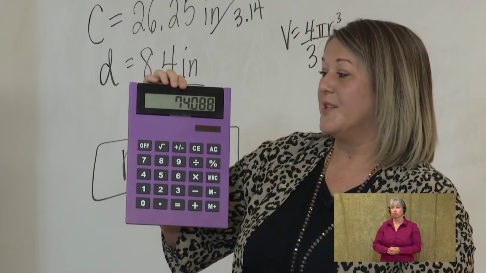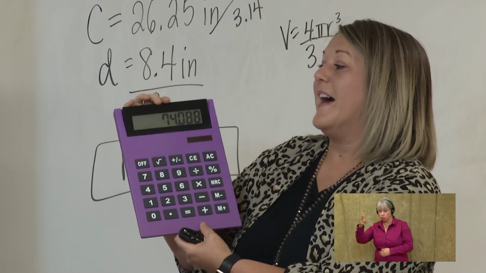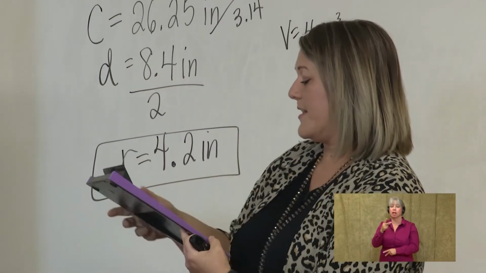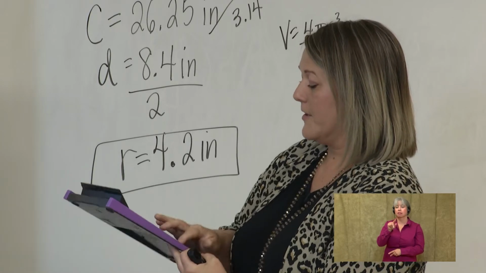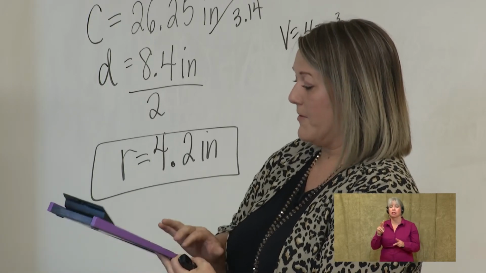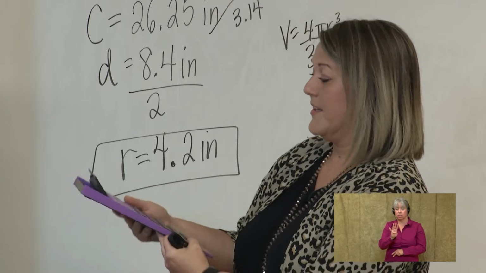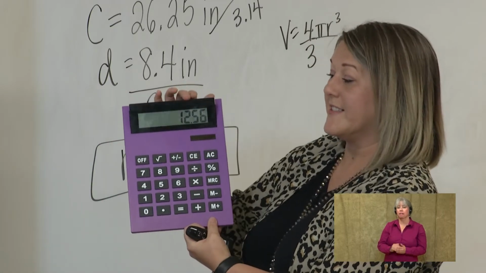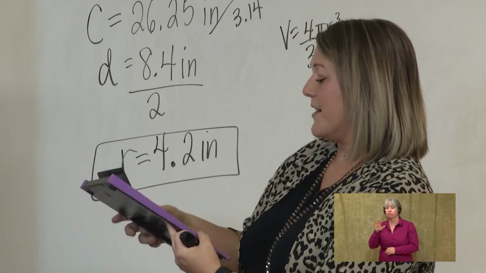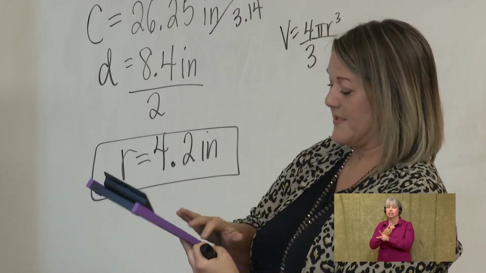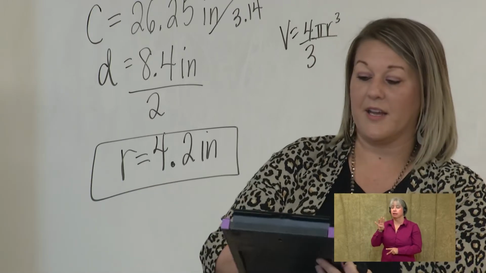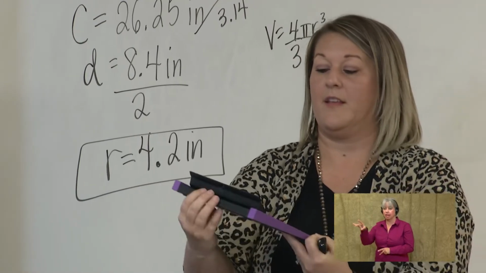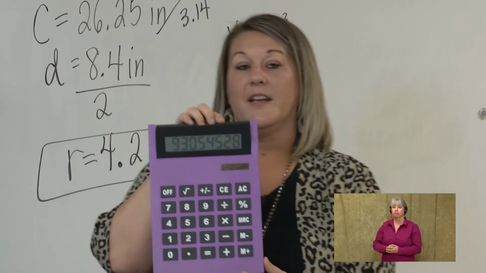And then inches cubed. Then we need to multiply that by pi and by 4. So if I multiply that by pi and 4, 4 times 3.14 is 12.56, times my radius cubed, 74.088.